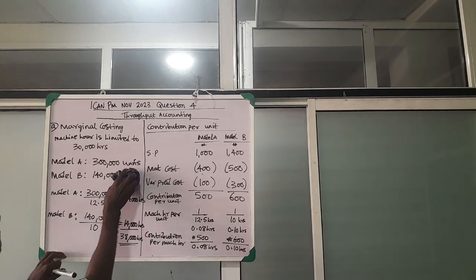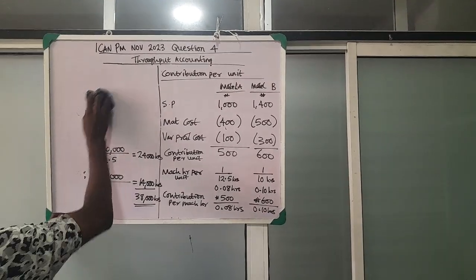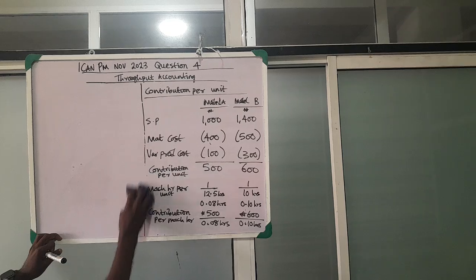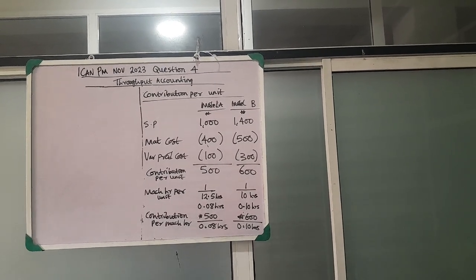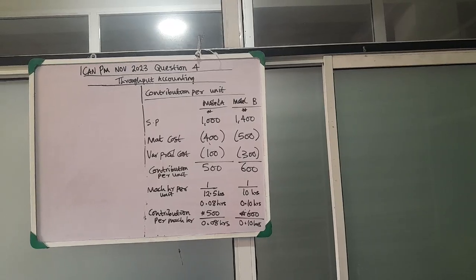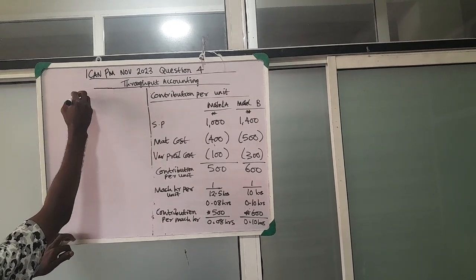I will need to wipe this to continue. Contribution per machine hour. I have 500 over 0.08 hours, which will give us 6,250.